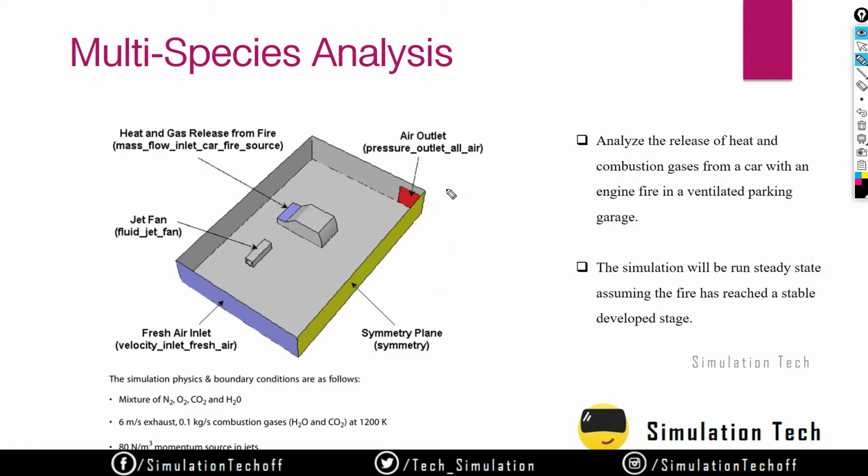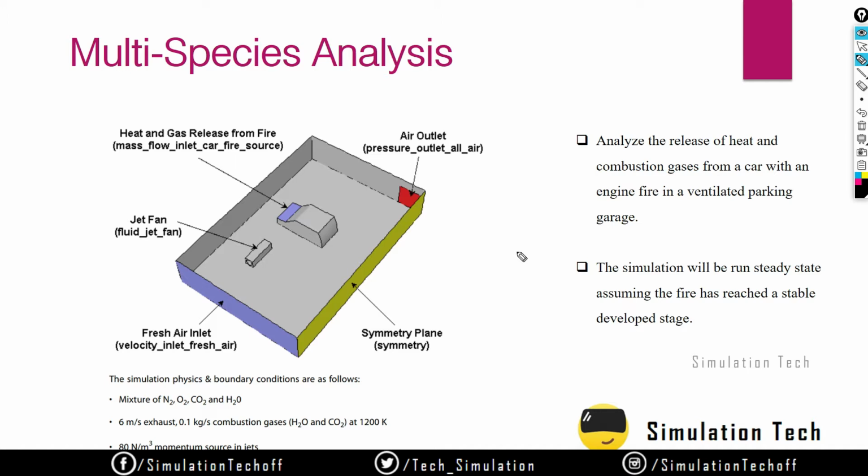So what's special in this multi-species analysis? What is multi-species first? Multi-species means we have multiple gases. In the previous stage we worked on solids and fluids, but we only worked on a single fluid or single solid.